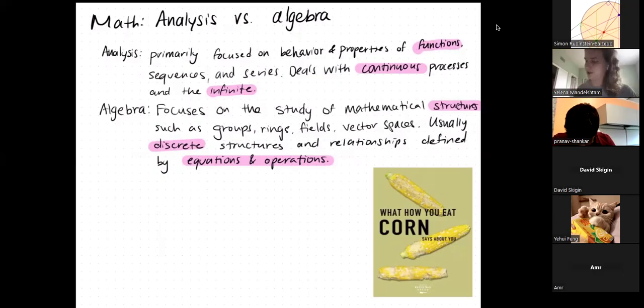In general, if you pick a subject, often it'll fit mostly in one or two of these categories, or it'll have two sides. For example, in number theory there's analytic number theory, which uses analytic techniques to tell us things about the distribution of prime numbers.